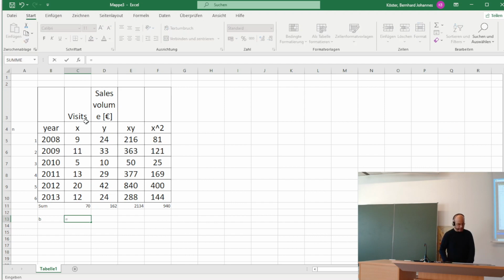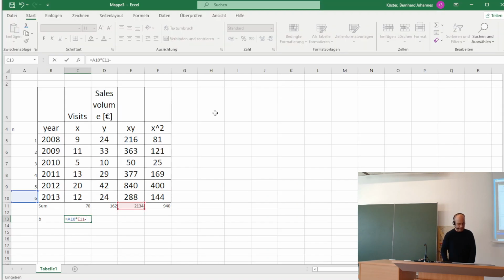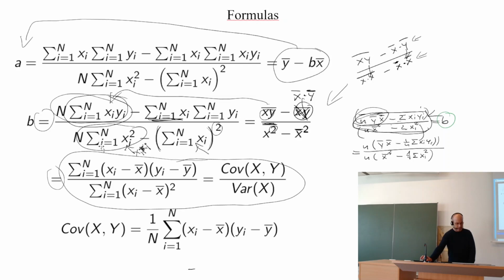So equals 6 times the sum of xy, 2134, minus sum of x, sum of y. Sum of x is 70 times 162, divided by n times sum of x squared minus sum of x squared.